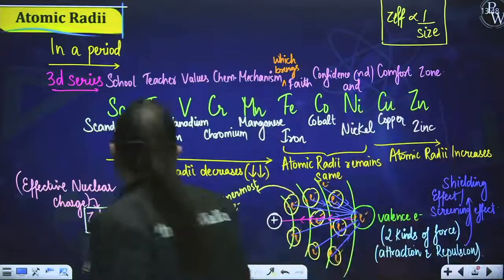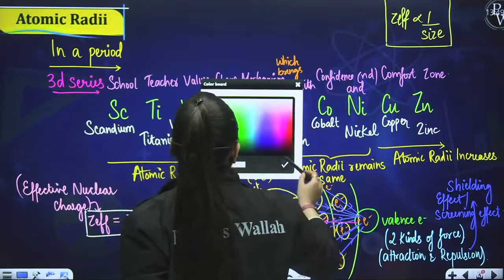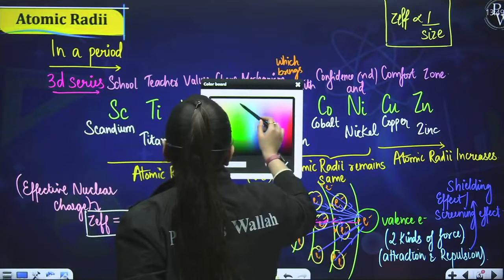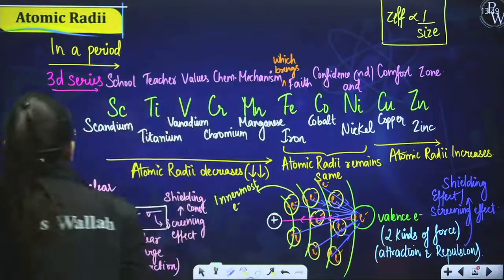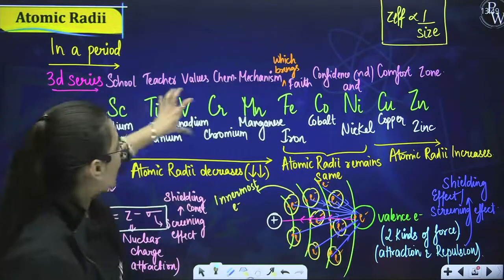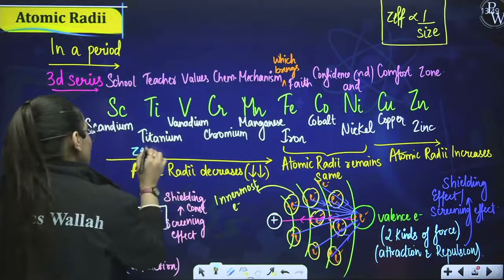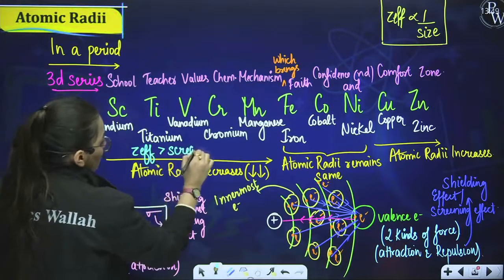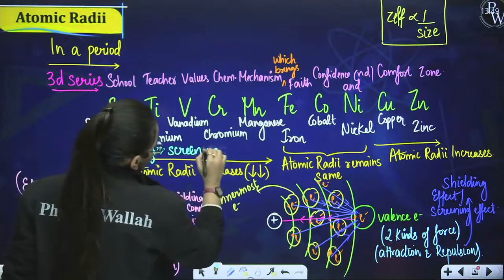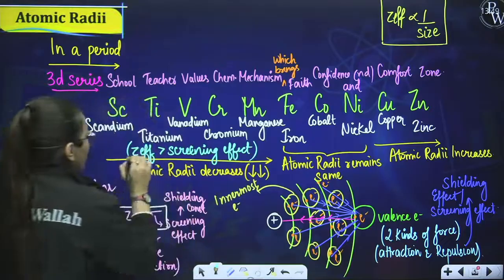Now just observe over here. See what is happening. When you are moving from scandium to manganese, at this process, Z effective, students, is more than the screening effect. In which case?